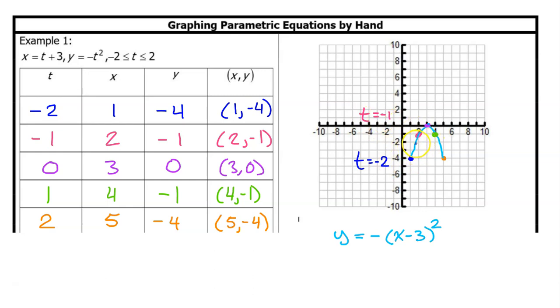So we get this directionality that we don't get without parametric equations. We started at the blue dot and we moved towards the red dot. From there we went to the purple dot and then the green dot, and we ended at the orange dot. So parametric equations give us this directionality. It's like a flow, almost an animation.